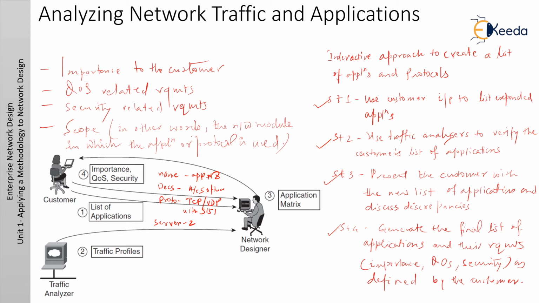Number of clients, 50. Scope, it is campus wide, and importance is high, and average rate is 50 Mbps.